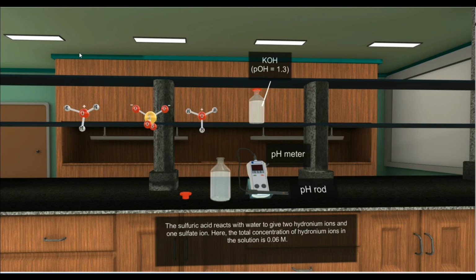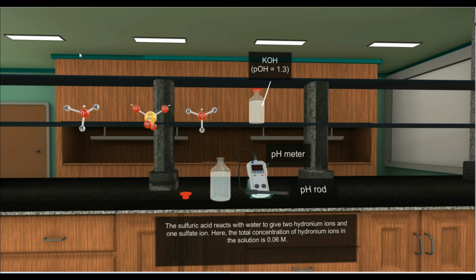Now, 1 molar sulfuric acid produces 2 molar hydrogen ions. So the concentration of the solution we used was only 0.03, that means the concentration of hydrogen ion in that particular solution was 0.06 molar.